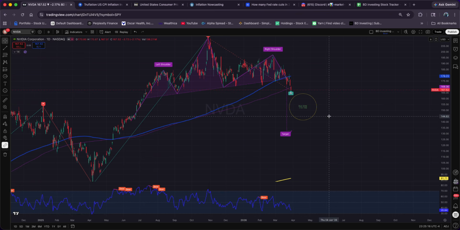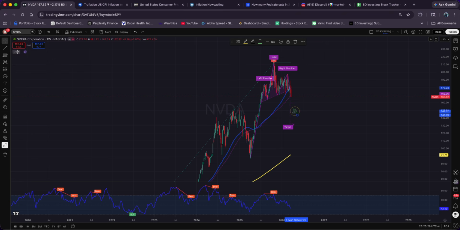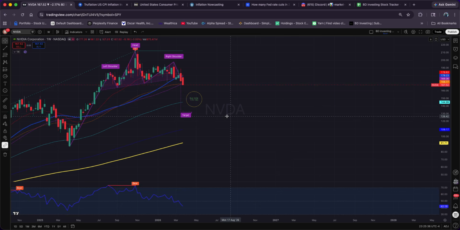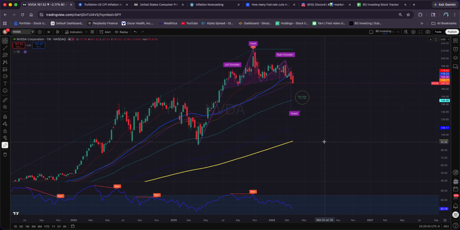If it cannot hold above 169, we are going to be falling into the buy zone of 170 to 140, and most likely we are probably going to be testing the previous levels around 145, 130 possibly.